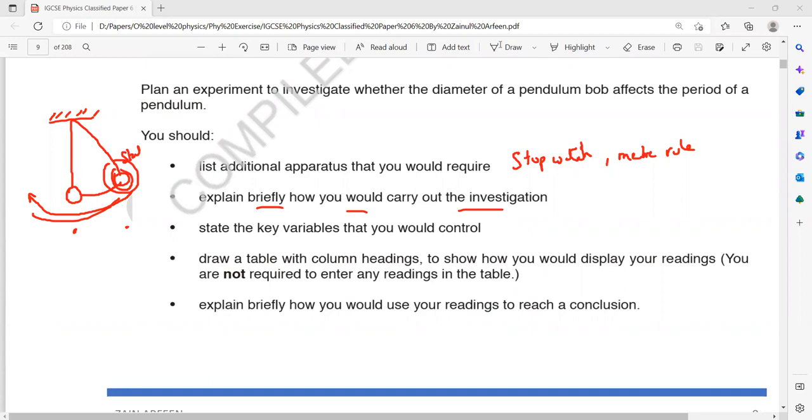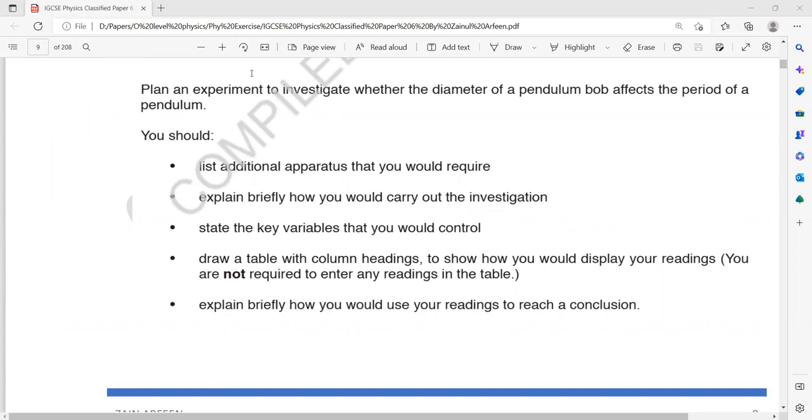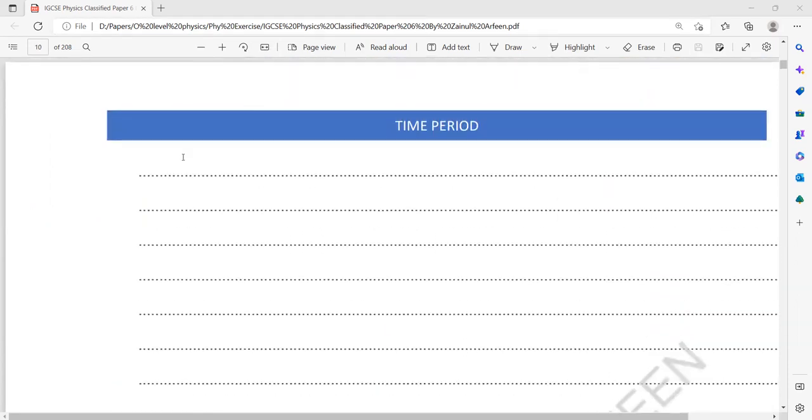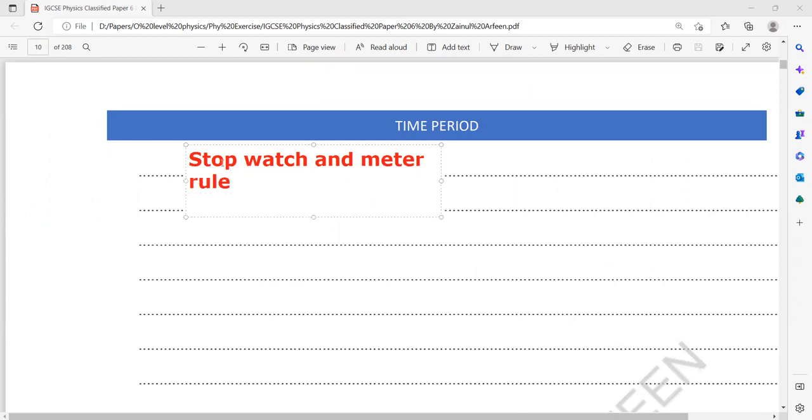So for the procedure, the first one was to use a stopwatch and the meter rule or a meter scale. And the second one, the procedure: measure the length of the pendulum, because we need it the same for all.